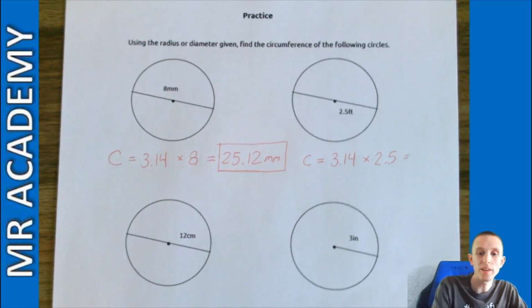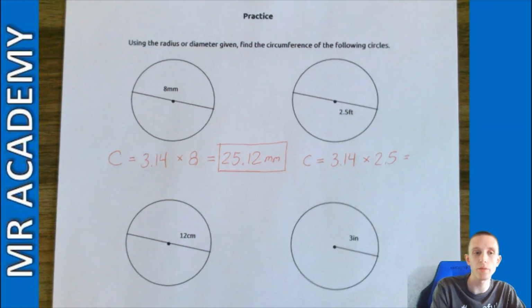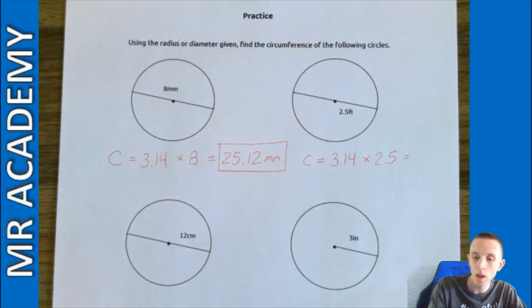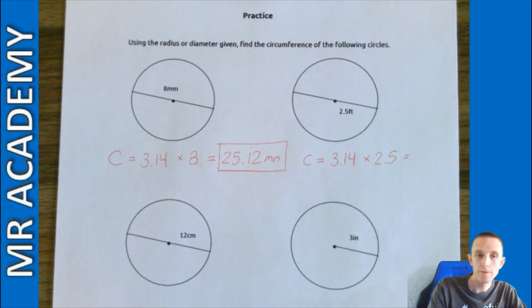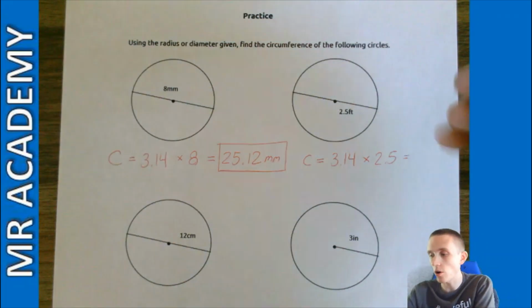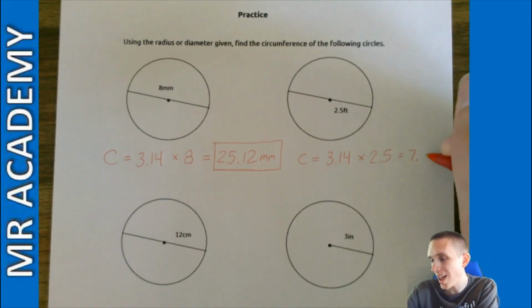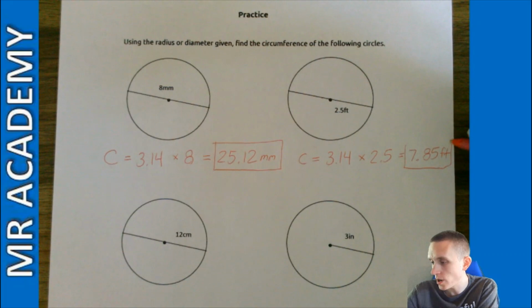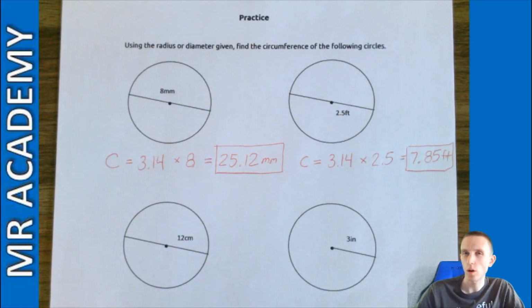So this time we have a decimal times a decimal. Now, one thing I did not put up at the very top, we'll see if this is going to give us a kind of wacky decimal or not. But we're going to go 3.14 times 2.5. All right, this time we are good. So 7.85. If this would have given us a much longer decimal, we would have just rounded, which you can check out our video to that as well, rounding decimals.